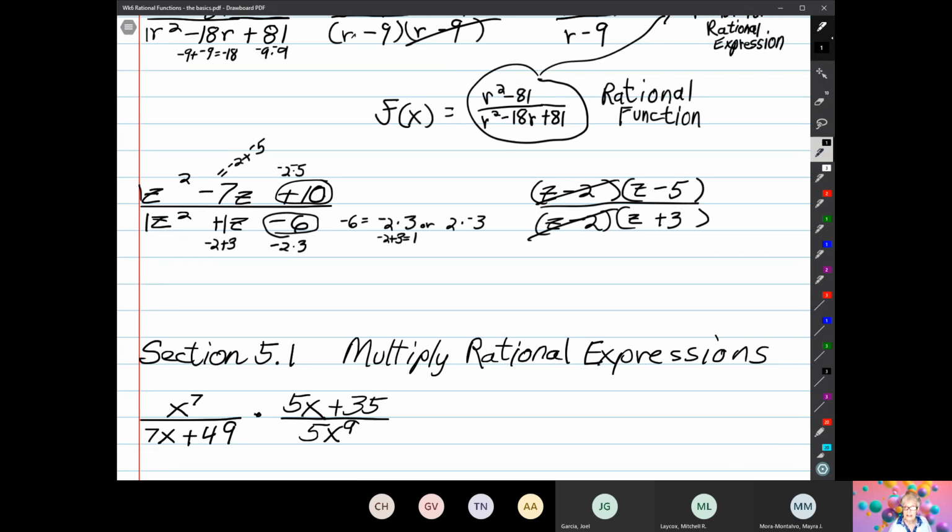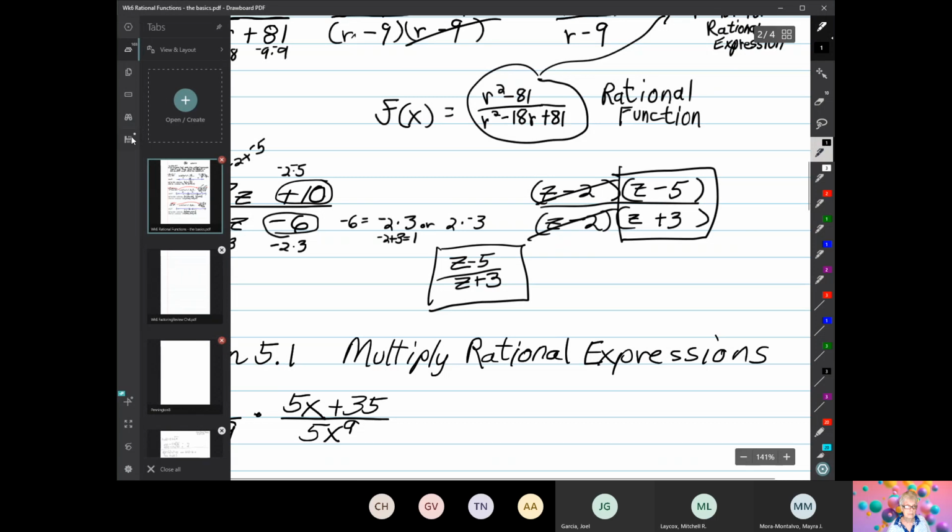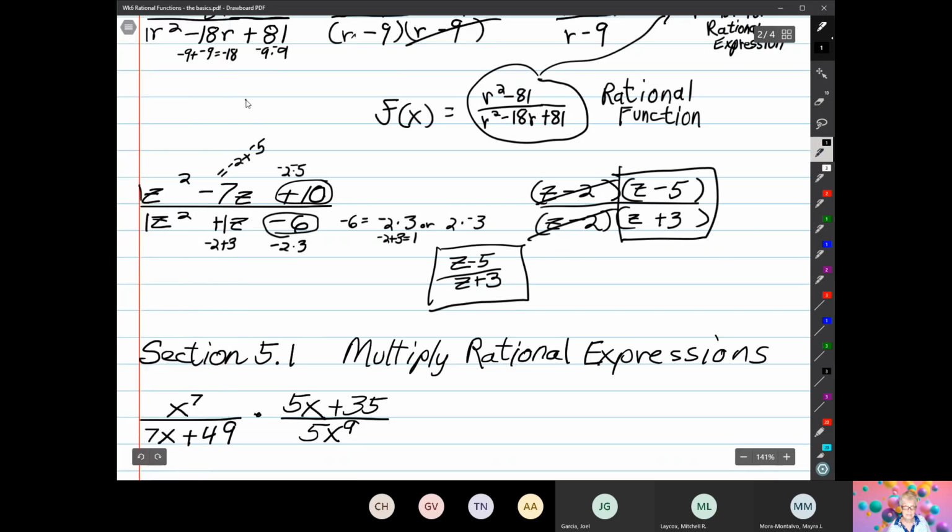Your answer is this, right here. That's what you would put in the answer box. Z minus 5 over z plus 3. Okay, that's how you simplify.